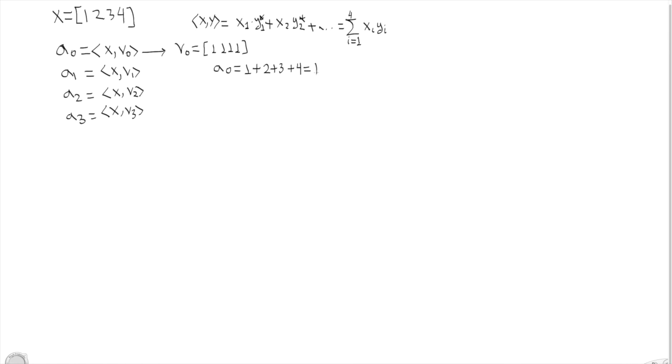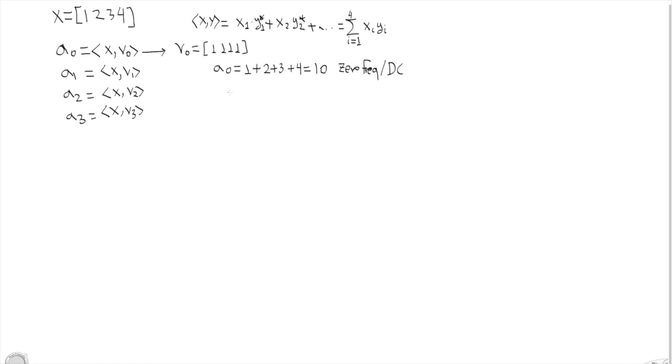So this is what's called the zero frequency or the DC component, or how similar my signal x is to the constant frequency, or how much DC my signal contains.